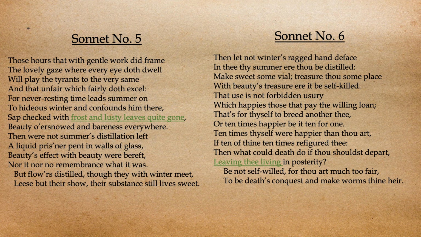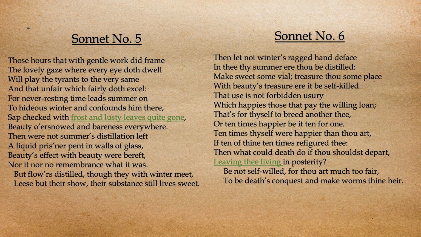Recall, sonnets 5 and 6 are connected and should be read as one sonnet sequence within the collection as a whole. With that in mind, remember that Sonnet 5 features a line about winter making the young man's lusty leaves quite gone. The botanical metaphor is part of what connects the 2 sonnets. Further, as we discussed in our video lesson for Sonnet number 5, one of the major thematic elements of that poem was the cyclical nature of human existence.